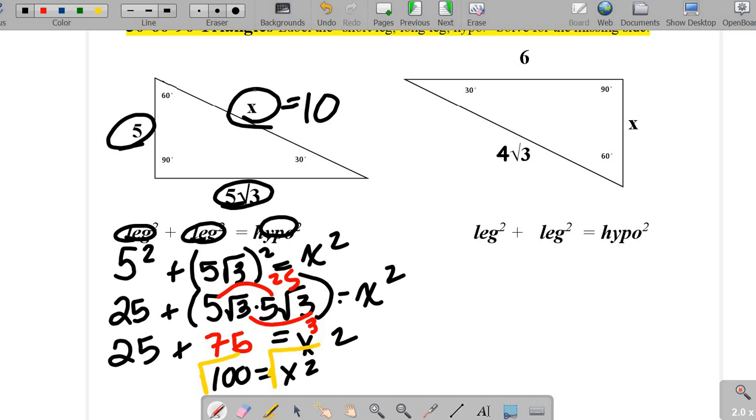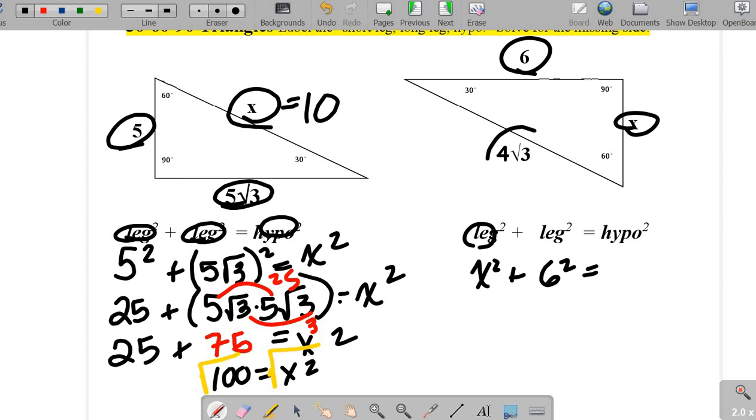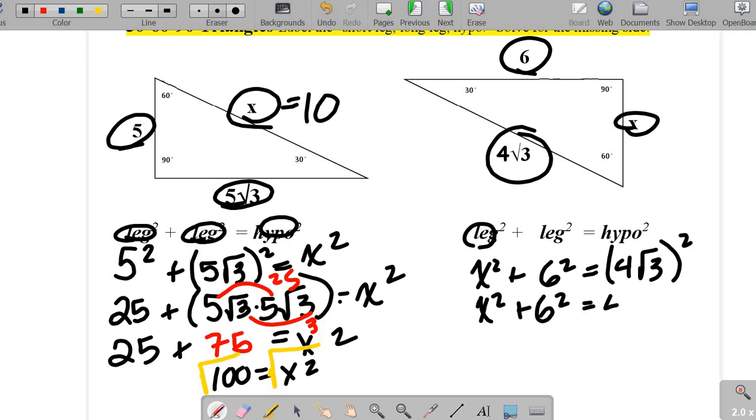So let's try this one on the right. See if there's a pattern here. Leg squared plus leg squared equals hypo squared. Exponents expand. Do not attempt to do that in your head, please.